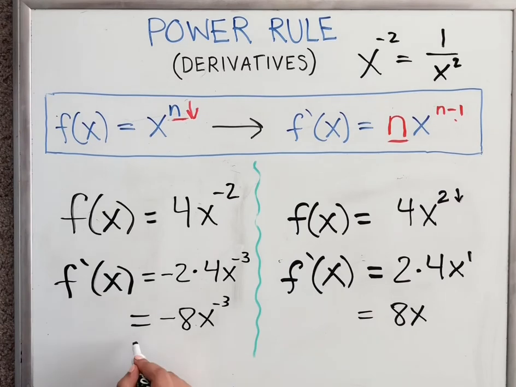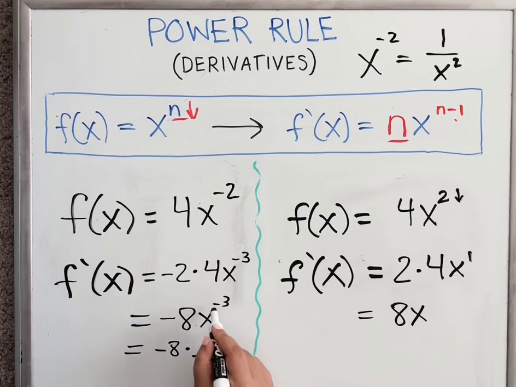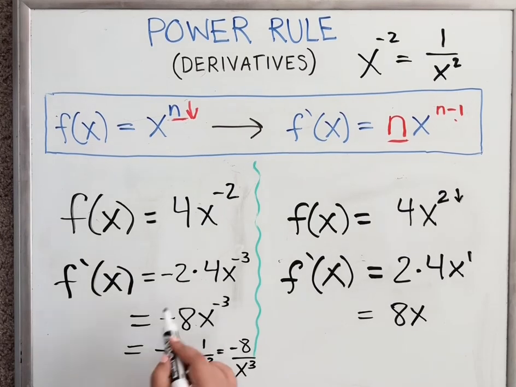So if you wanted to rewrite this, you could rewrite this as negative 8 times 1 over x cubed, or just negative 8 over x cubed. And depending on your class and your teacher, you might not have to simplify this down that way, and this might be perfectly acceptable, but just so that it's in the back of your head.